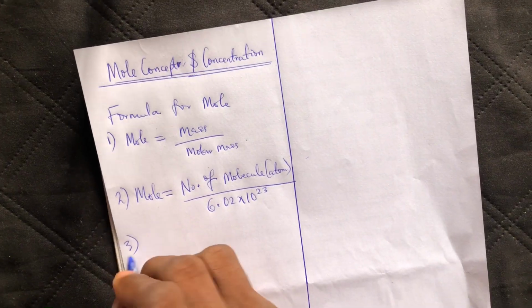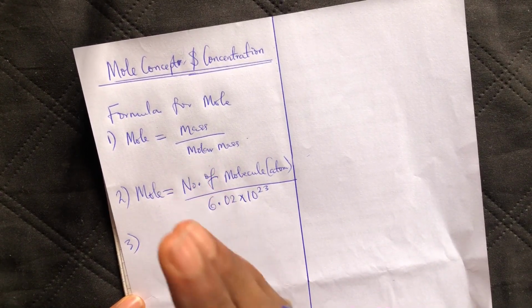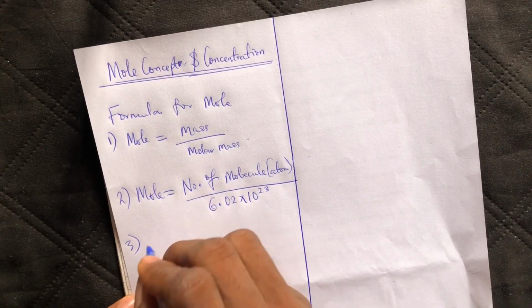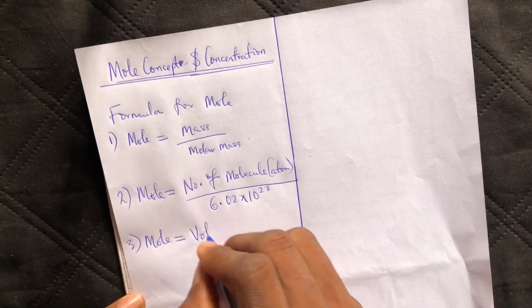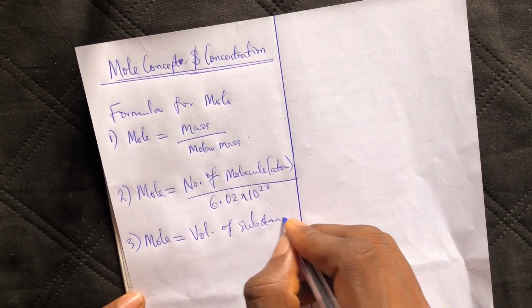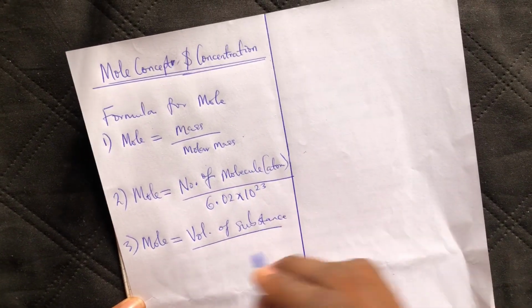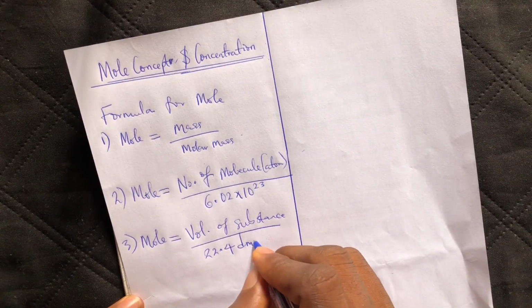So the third formula that you need to be able to solve any question that comes under mole concept is this. Mole equal to volume of substance over 22.4 dm cube.